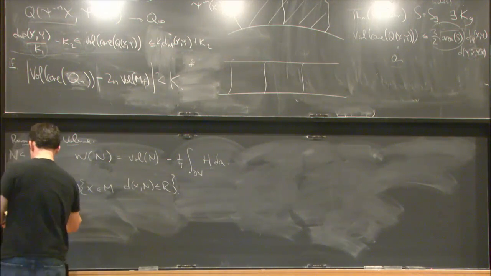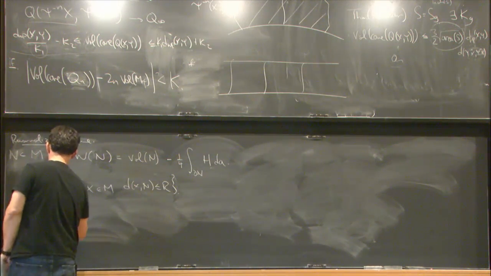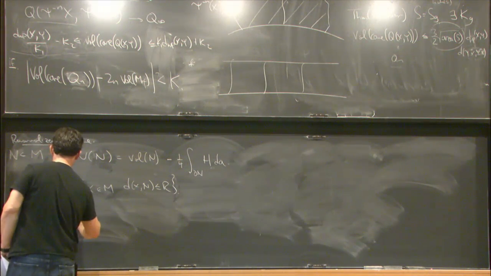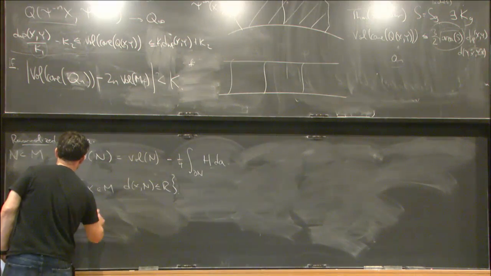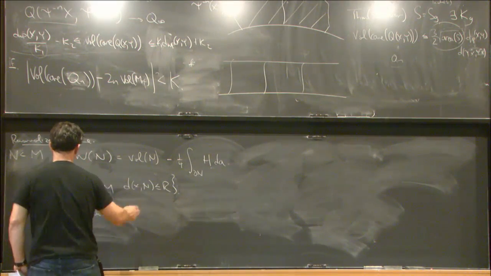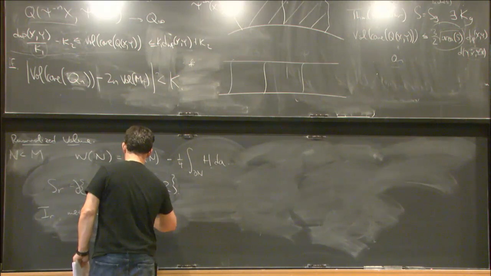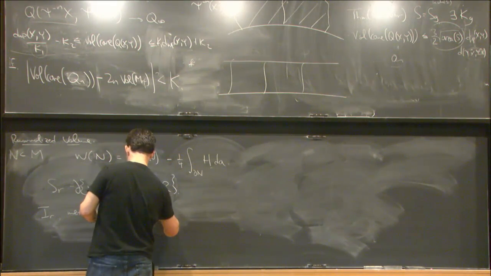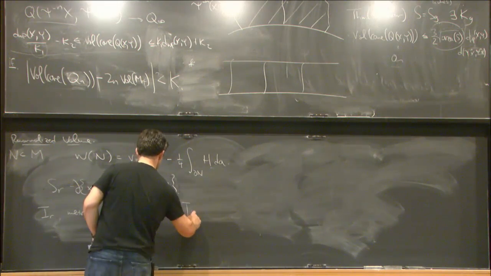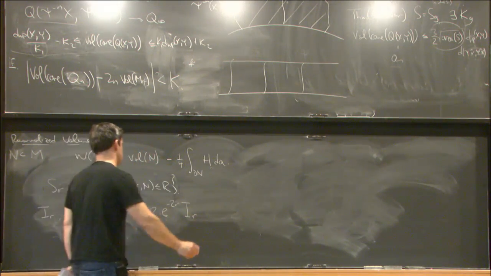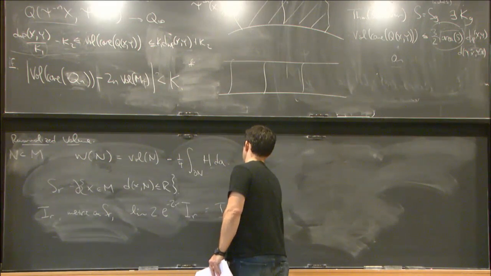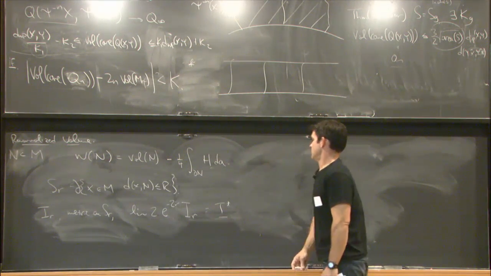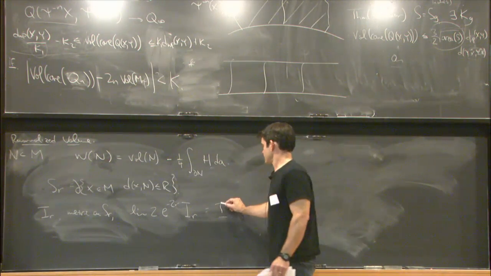If I_R, in their terminology, is the induced metric on S_R, then you can scale and take the limit of 2e^(-2R) times this metric, and that converges to some conformal structure.